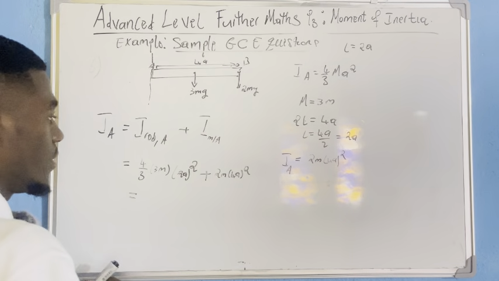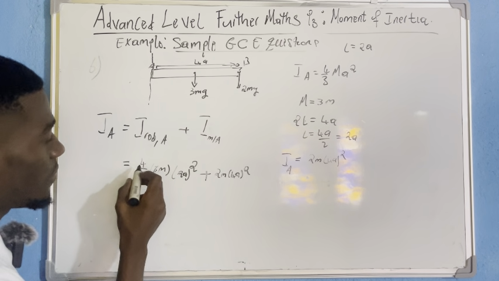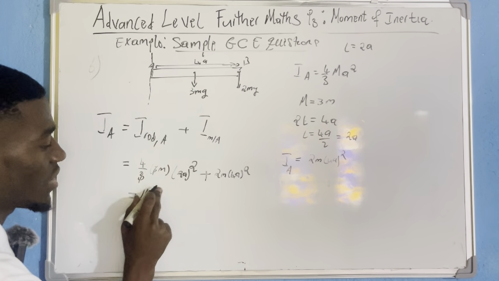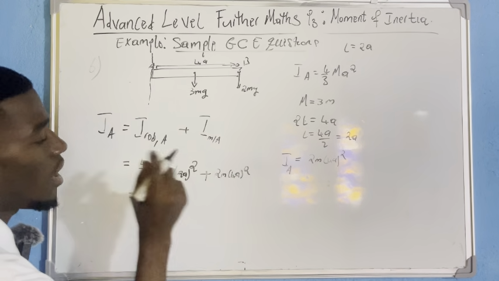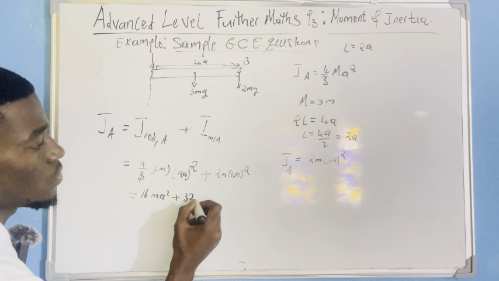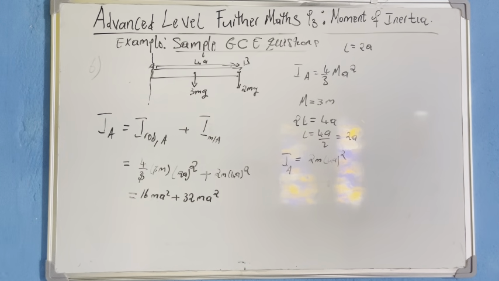By simplifying, the 3 will cancel and I will stay with 4. Then 4 times 4 is 16, so 16ma squared. Plus, here I'll have 4 squared, 16 times 2, 32ma squared. So that is it, student.